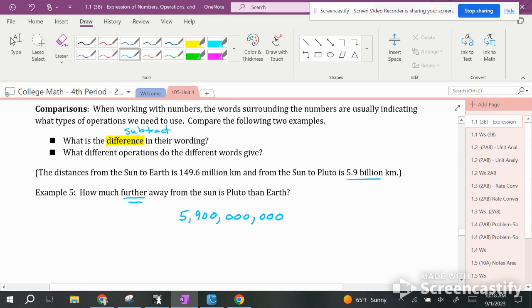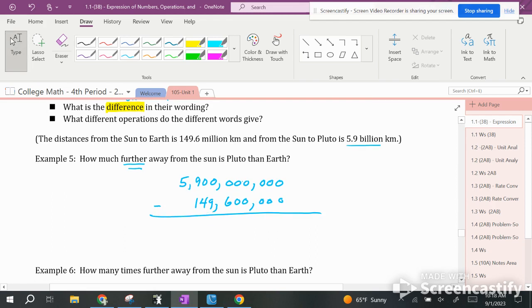There should be like 5, right? Ones, thousands, millions, billion. You guys agree with that? Okay, so then my Earth, Sun to Earth, is 149,600,000.